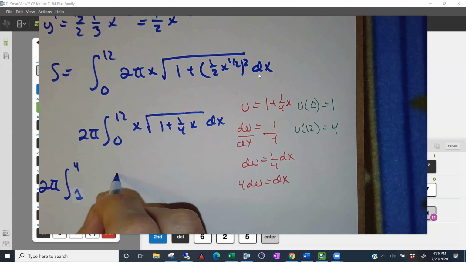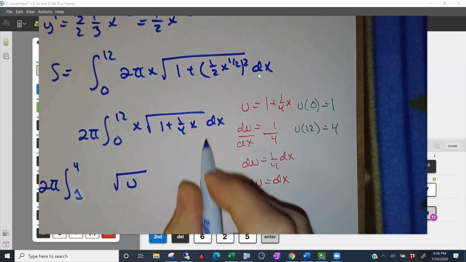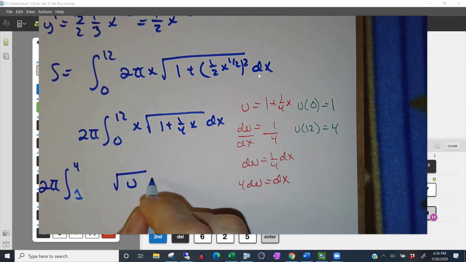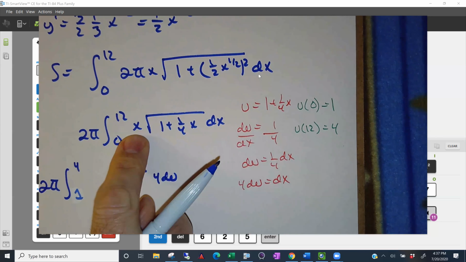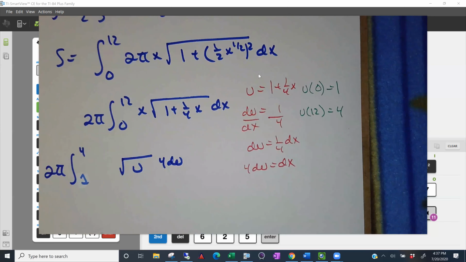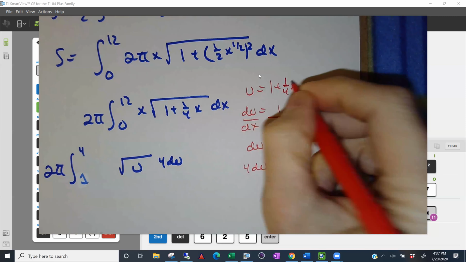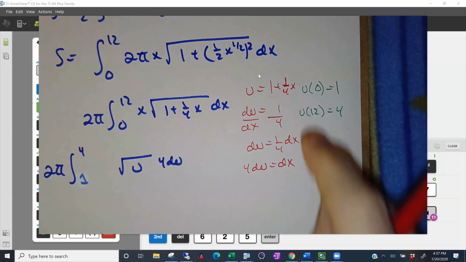The square root of u, dx was 4 du. What am I going to put in for x? How am I going to get x there? Could you solve the u equation?